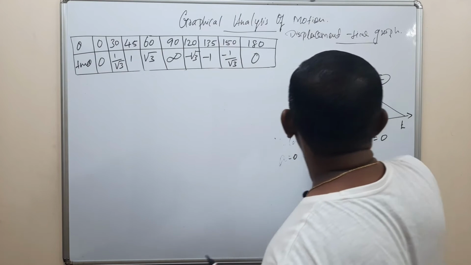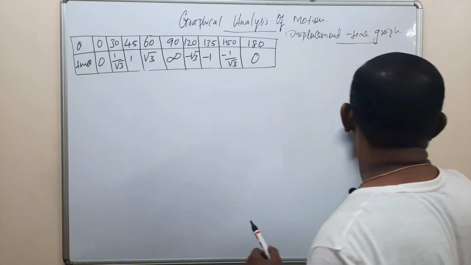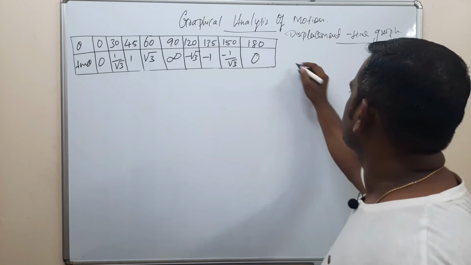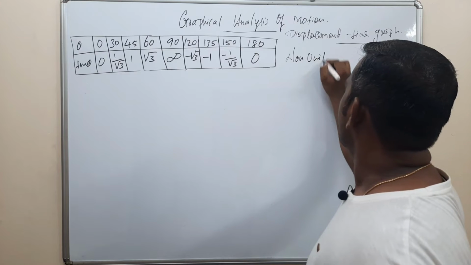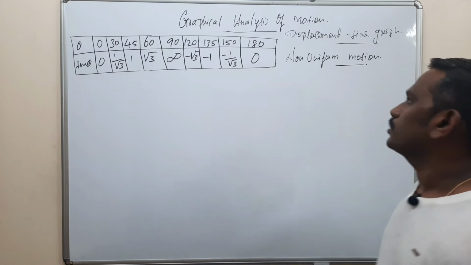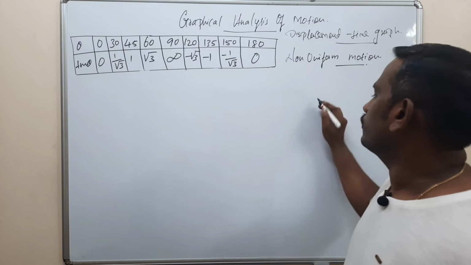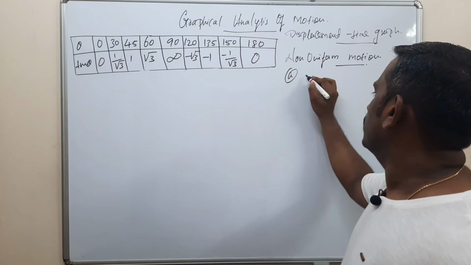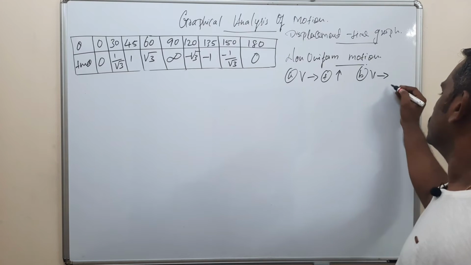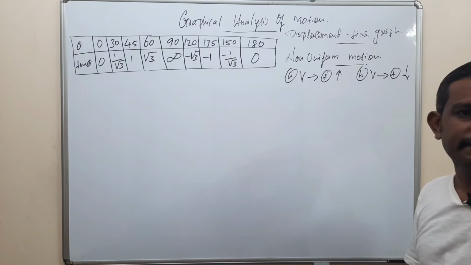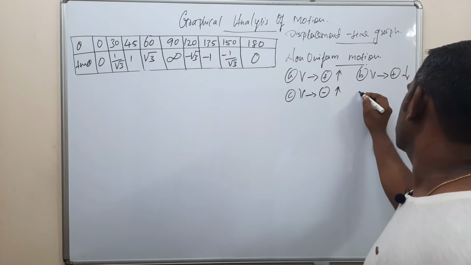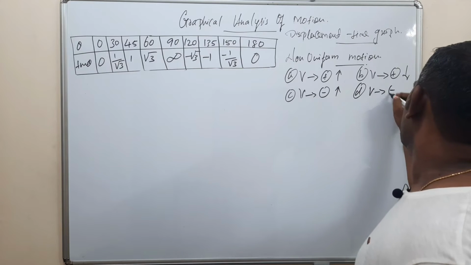So the next case, non-uniform motion. In this case, case 3, non-uniform motion, there are 4 subcases: A, velocity positive increasing; B, velocity positive decreasing; C, velocity negative increasing; D, velocity negative decreasing.